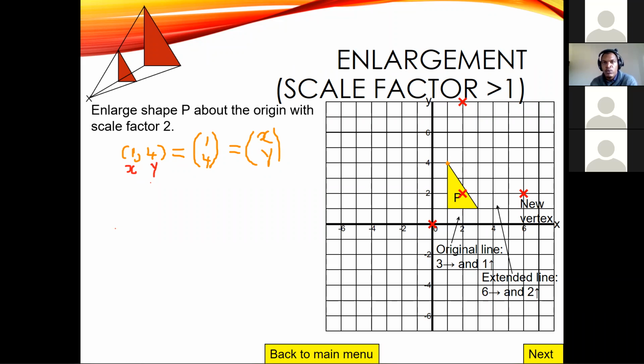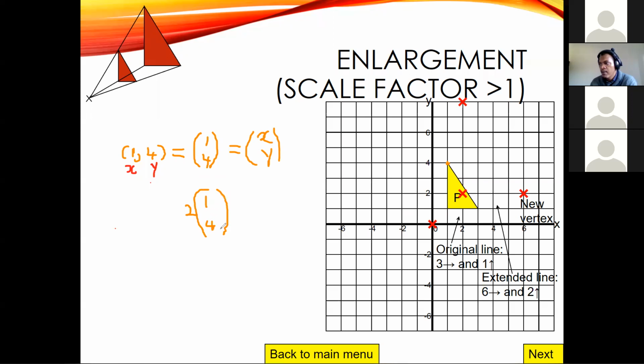So normally, after you have your representation of the points, we like to use the column representation because it's easier to work with. Then we just put a 2 in front, with the 1 and the 4 over here.